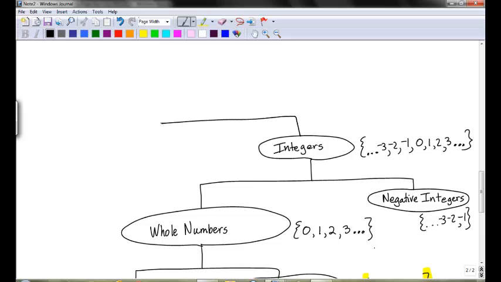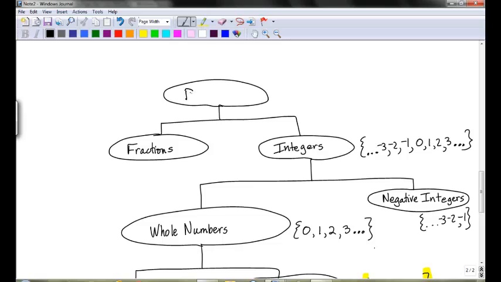Okay, if you take the integers and then put in the fractions with the integers, you end up with a set called the rationals.